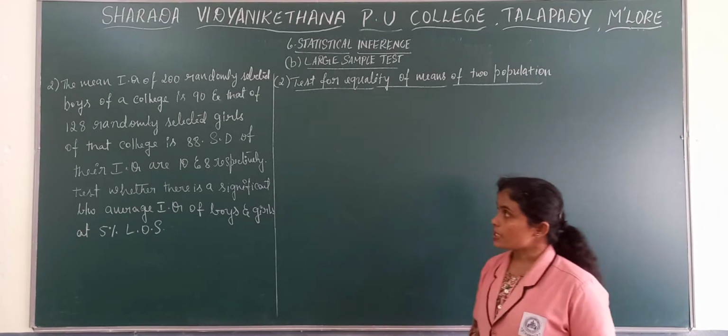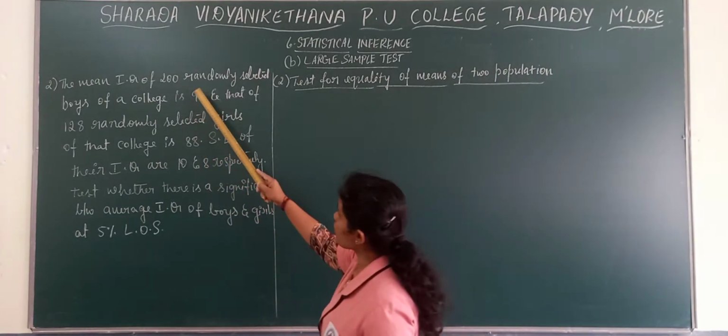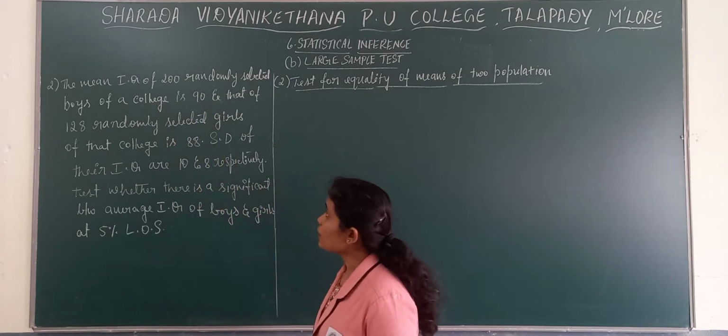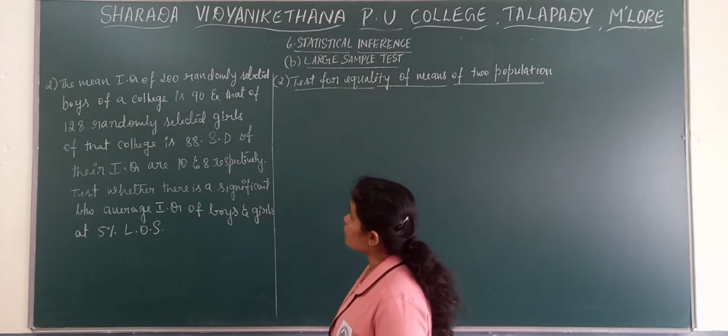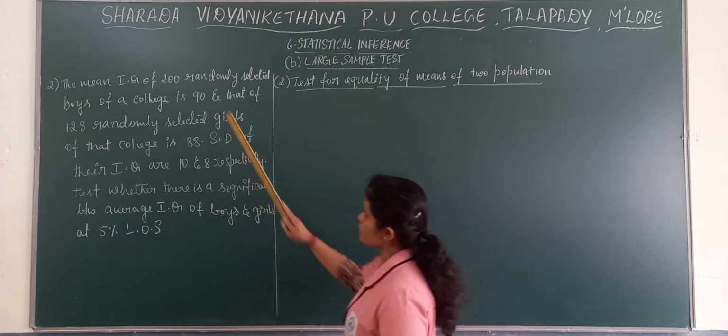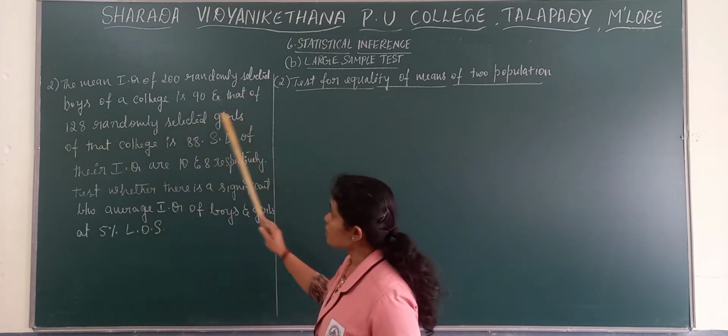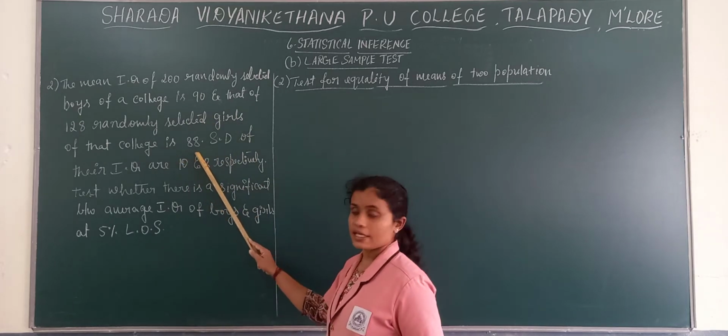The second problem: the mean IQ of 200 randomly selected boys of a college is 90, and that of 128 randomly selected girls of that college is 88.